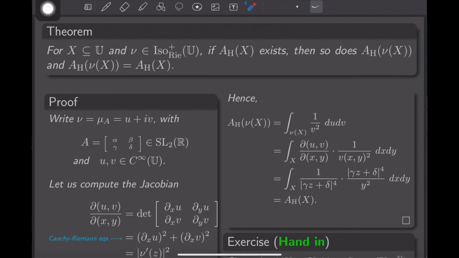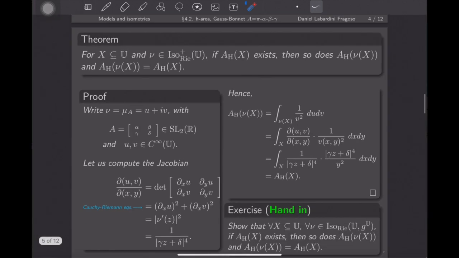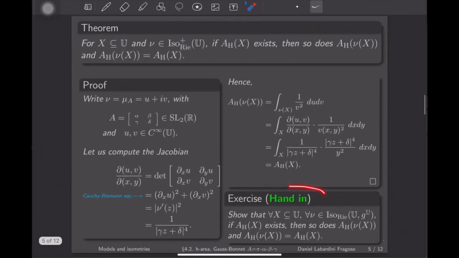And of course, we would like hyperbolic area to be invariant under the Riemannian isometries of the upper half plane. And so this theorem states that hyperbolic area is invariant under the Riemannian isometries that preserve orientation. The general case of arbitrary Riemannian isometries I leave as a handy exercise.